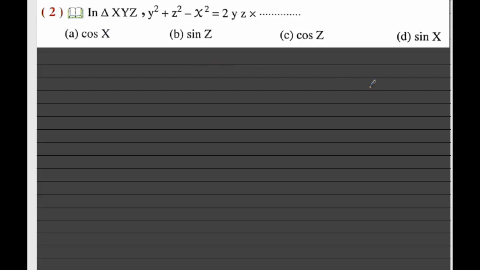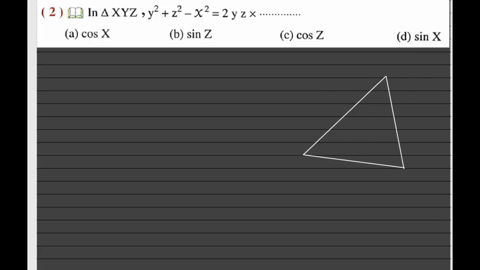Here first, if you draw the triangle XYZ, again the length of the side opposite to angle X is denoted by x, so YZ equals x and XZ equals y. The length of YX equals z. It is a small z.